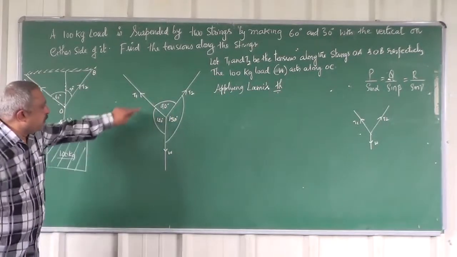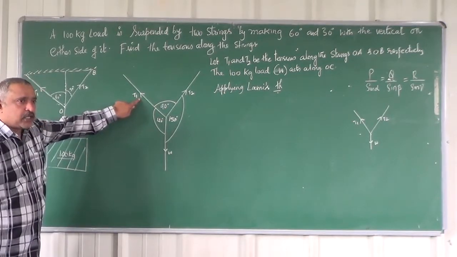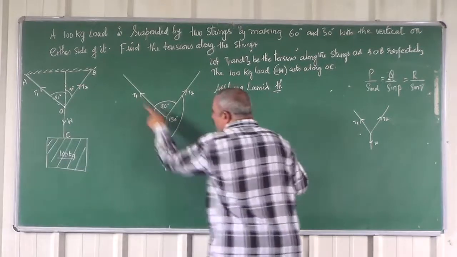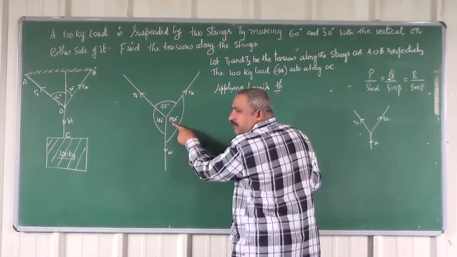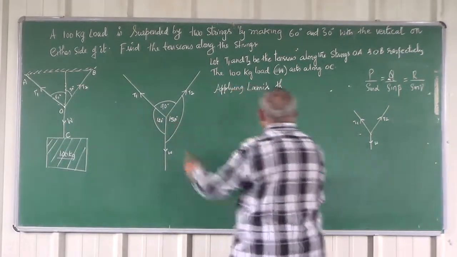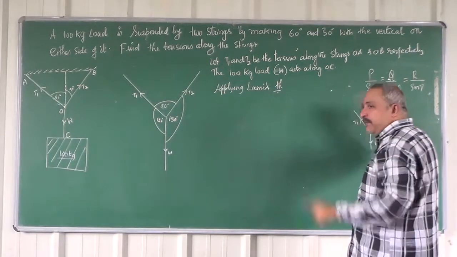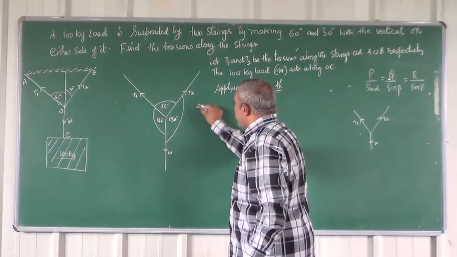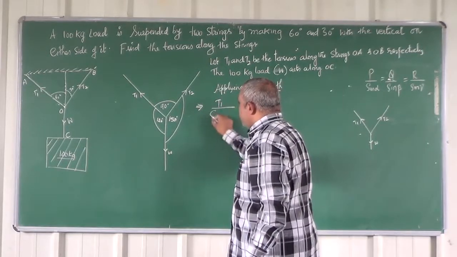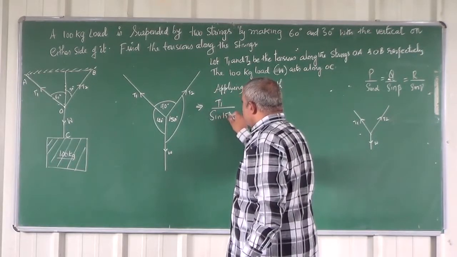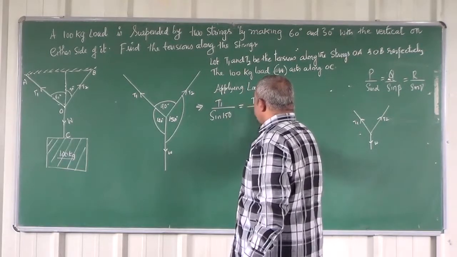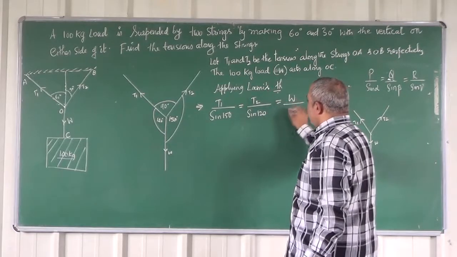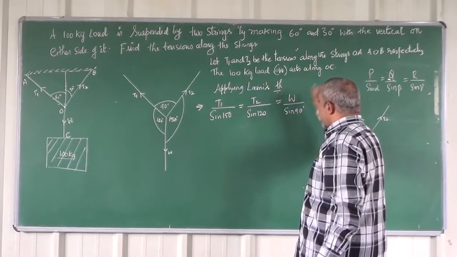Listen, if you take one force T1 for example, then you should take the sine of the angle opposite to it. Which is the opposite? 150. If I take P, sin alpha, because alpha is the angle opposite to the force P. So, T1 over sin 150 is equal to T2 over sin 120 is equal to W over sin 90.